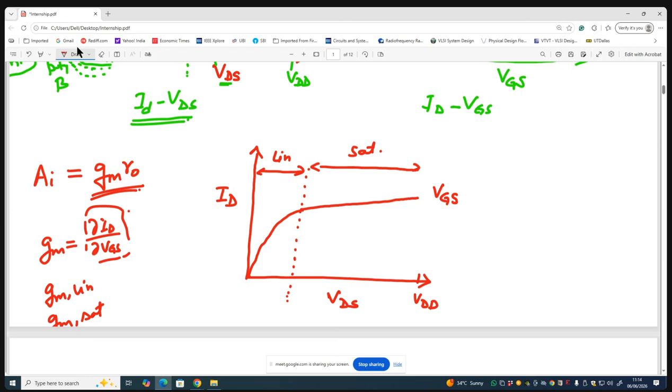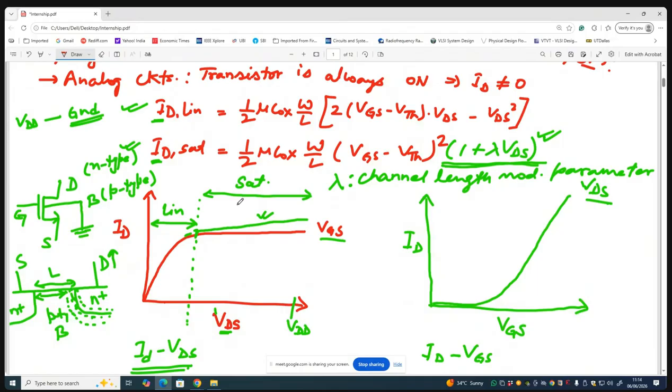But let us talk about gm. If you go back and see the current equation, and differentiate this ID linear with respect to VGS, you will get gm, which is a function of VDS. Do you see that? Can you contemplate that if you differentiate this current equation in the linear region with respect to VGS, you will get an expression which is dependent on VDS?